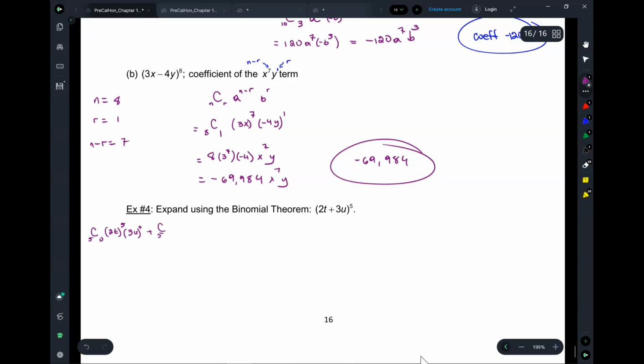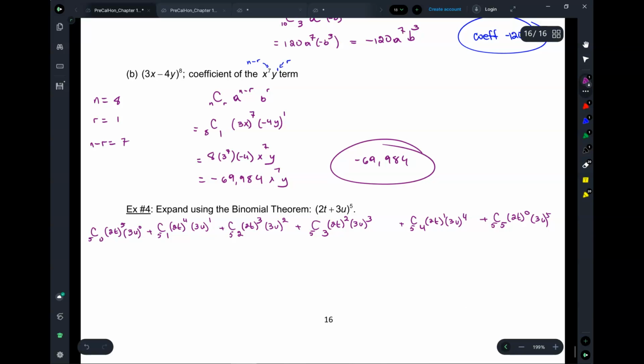Then it's C(5, 1), C(5, 2), C(5, 3), C(5, 4), C(5, 5). And the powers of 2t go 4, 3, 2, 1, 0, and then it's 3u to the 1, 2, 3, 4, 5.